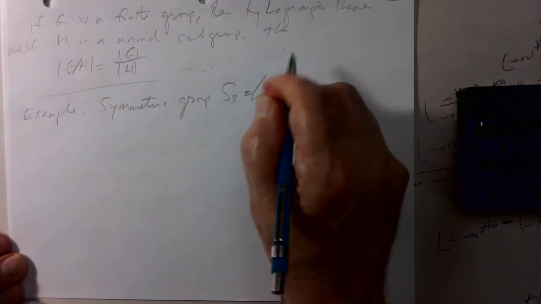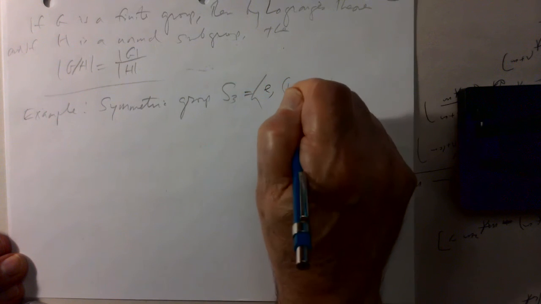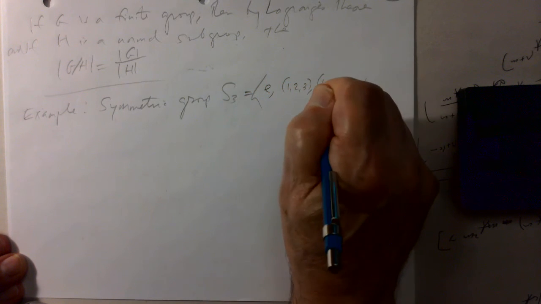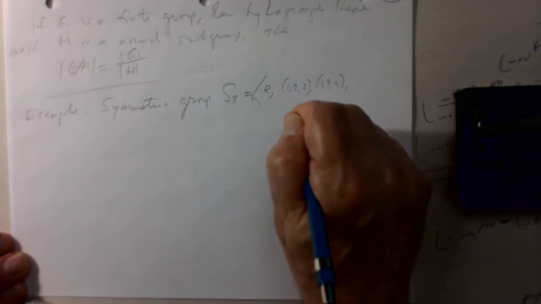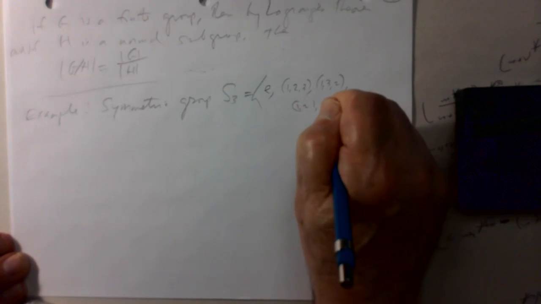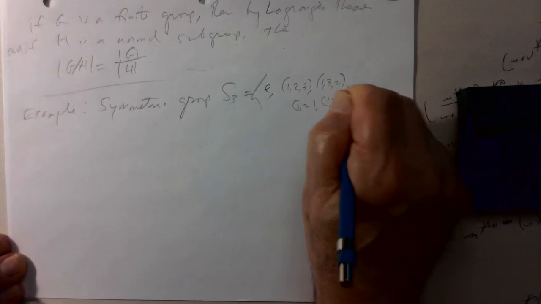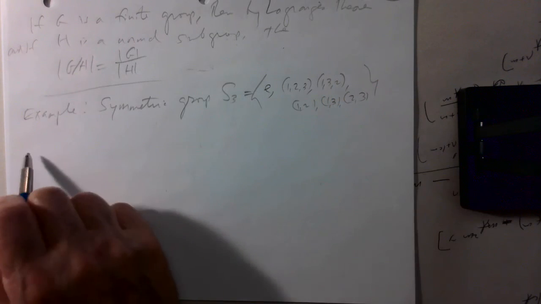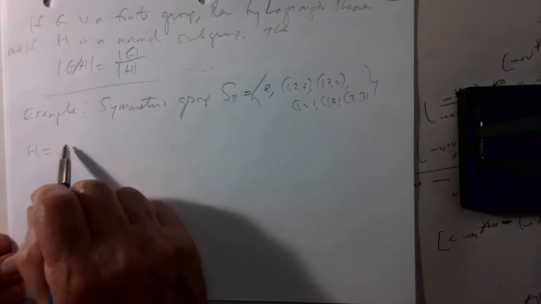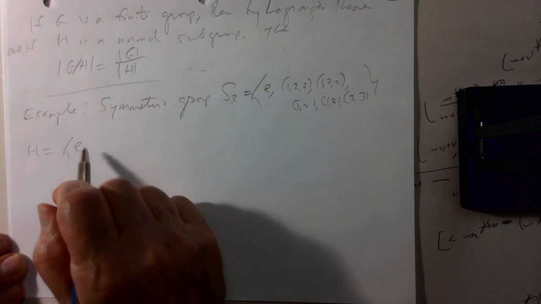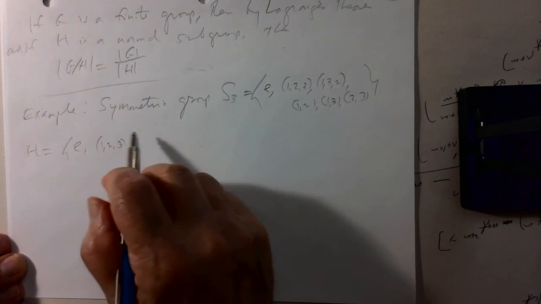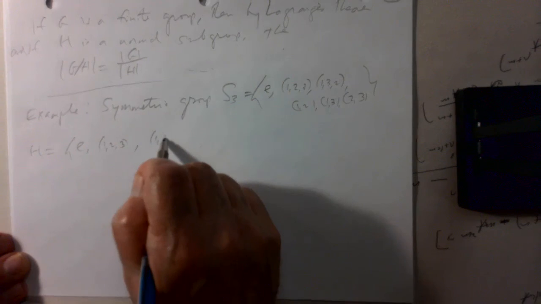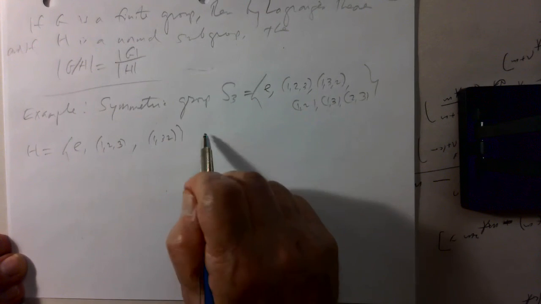There's the identity, the 3-cycle (1 2 3), the 3-cycle (1 3 2), and the 3 transpositions (1 2), (1 3), and (2 3). Suppose we let H be the set consisting of the identity and the 3-cycles (1 2 3) and (1 3 2).